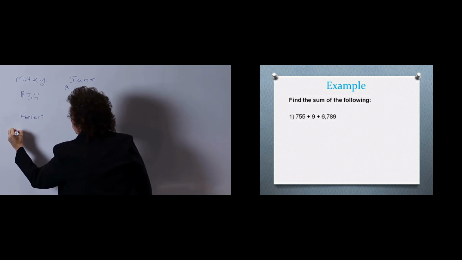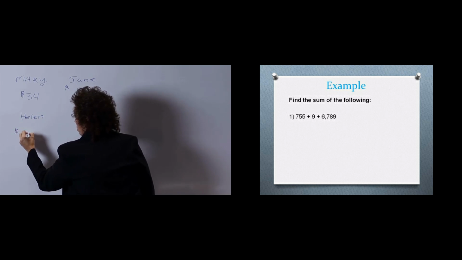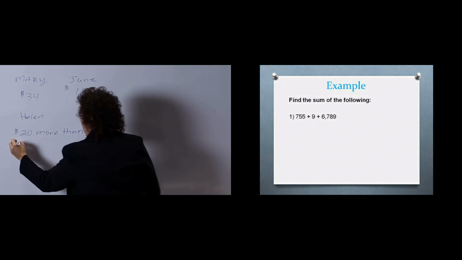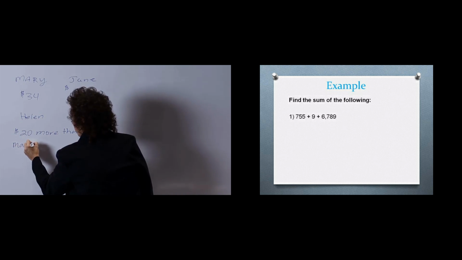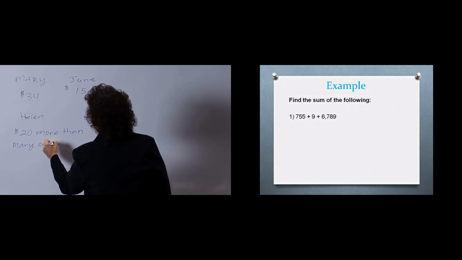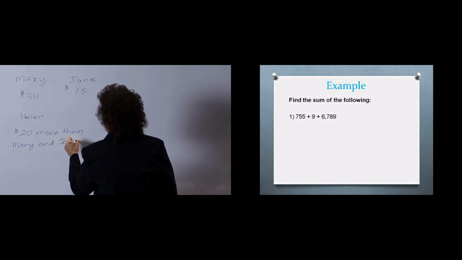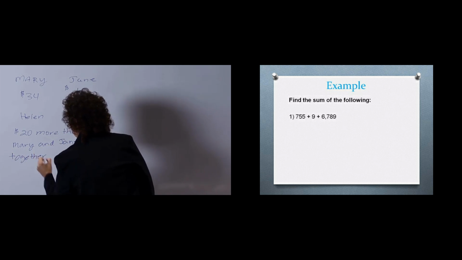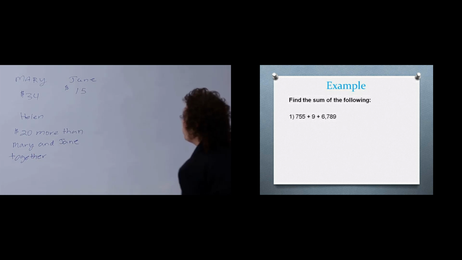Helen has $20 more than Mary and Jane together. Wow. Helen's lucky. Anyway, and then we want to know the total of all three girls.